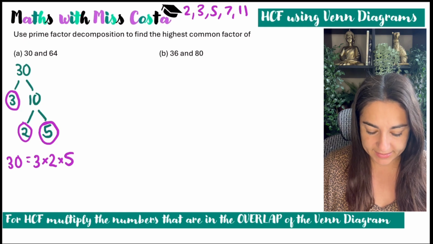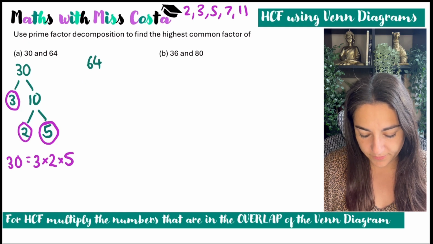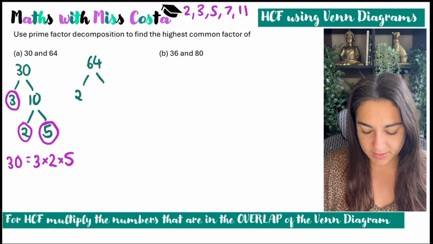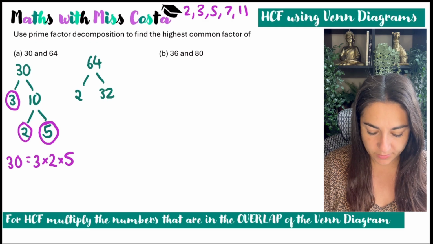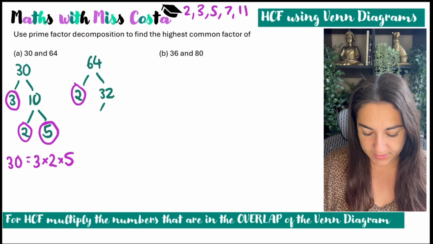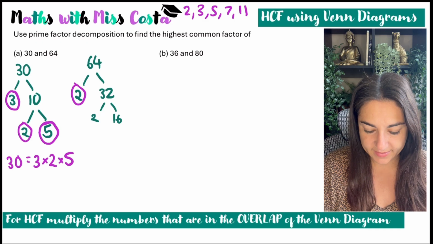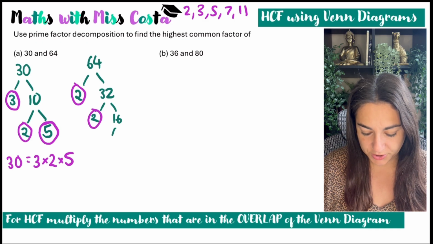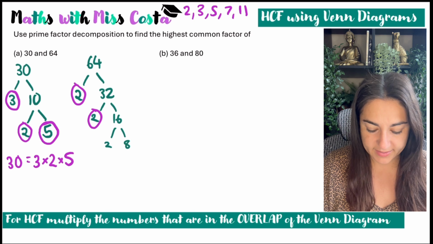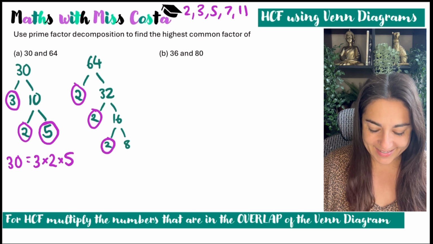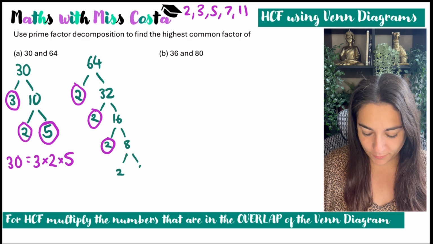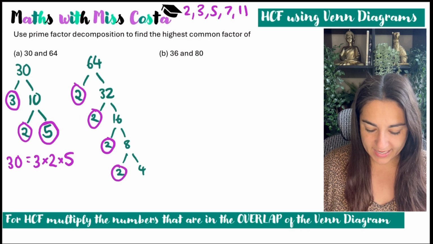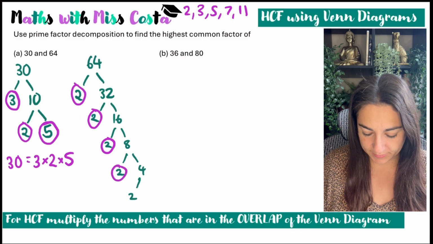And now let's do 64. So 64 is 2 times 32. Circle the 2. 32 is 2 times 16. Circle the 2. 16 is 2 times 8. Circle the 2. 8 is 2 times 4. Circle the 2. And 4 is 2 times 2.